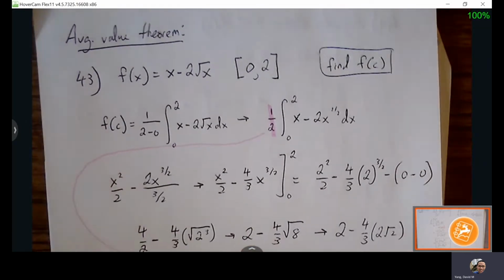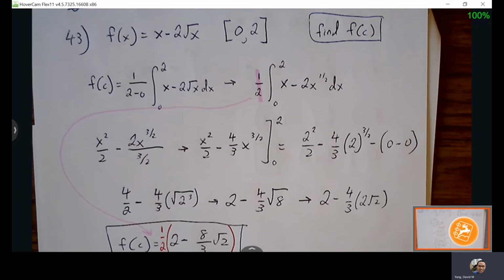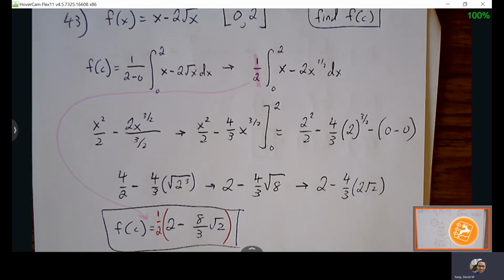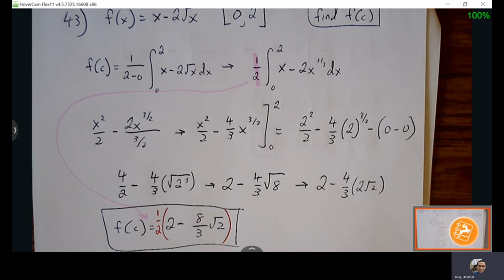Square root of 8 would be 2 root 2. Oh, right. No. Yeah, you do. I think it's negative.